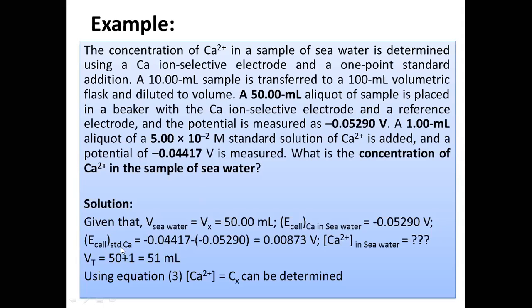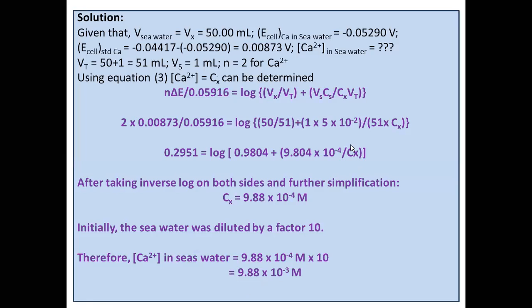Delta E cell of the standard calcium is minus 0.04417 minus of minus 0.05290, which is equal to 0.00873 volts. This is delta E. Volume of sample Vx and Ex are given, delta E is given, Cx you have to calculate, and Vt is 50 plus 1 ml, 51 ml. So you substitute this into equation 3, and you can simply calculate the concentration of analyte.